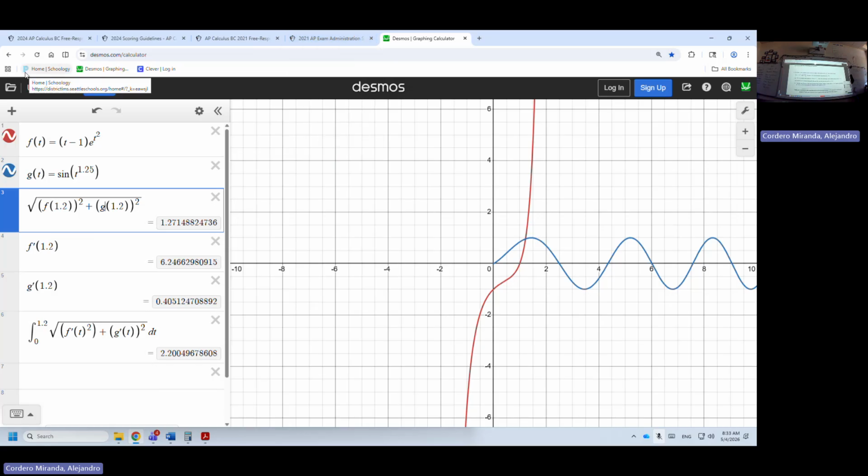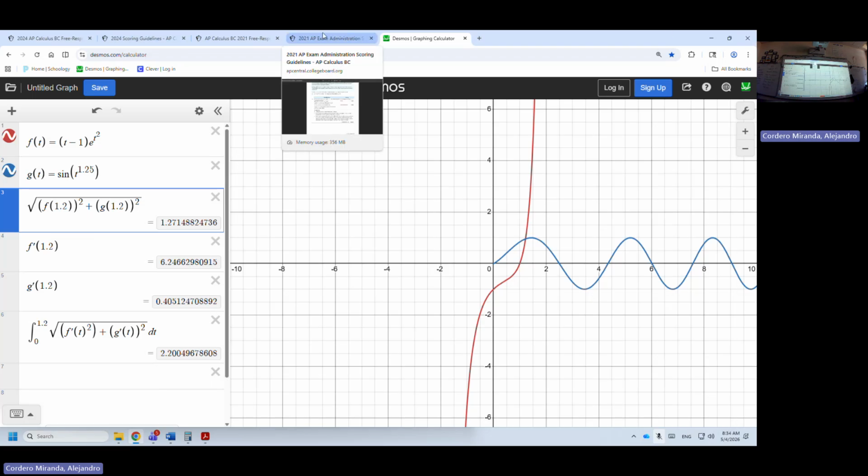Let's go through this. I'm going to cut this off early because most people were just seeing if they knew how to do it rather than really putting in the numbers in their calculator.